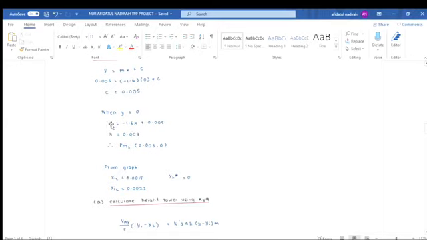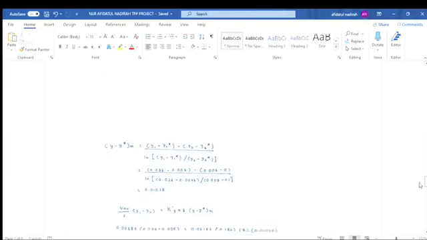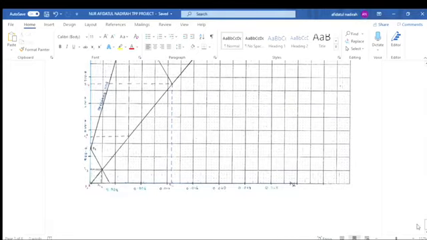The y is equal to 0 because of, wait, I show you guys the graph first. So this is the graph. So from the y-intercept, which is 0.005, we drag it to where the y lands on 0. So we will get the x is equal to 0.003.